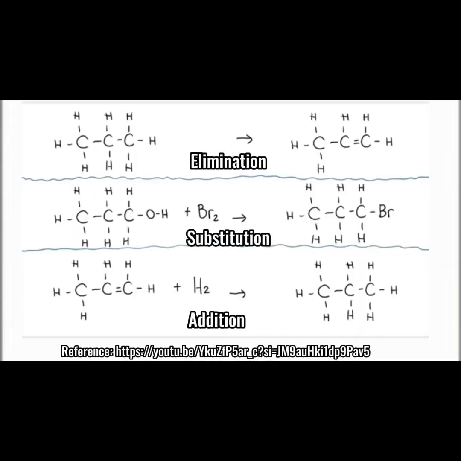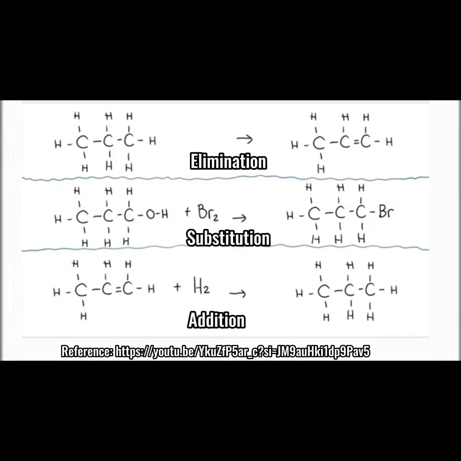Now let's bring these concepts to life by looking at our three example reactions on screen. Focus on the top reaction, which is elimination. We start with a saturated single bonded molecule and end up with a double bond. Since we remove two atoms, two hydrogens, to create that double bond, this is an elimination reaction.